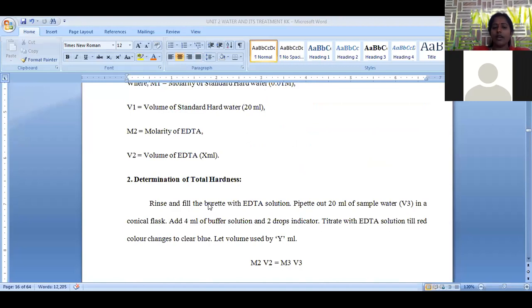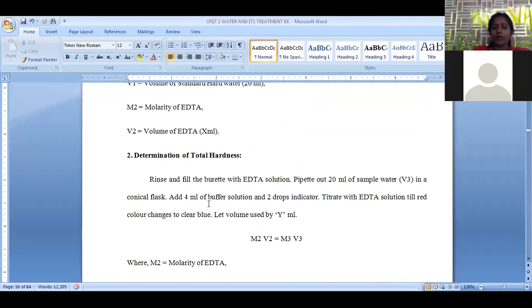Now we are going to determine total hardness, followed by permanent, followed by temporary. In order to determine total hardness, the burette should again be filled with the same EDTA used in the previous step. 20 ml of sample hard water should be taken into the conical flask, similar buffer solution is added, and 2 drops of EBT indicator are added, and it is titrated against EDTA solution.